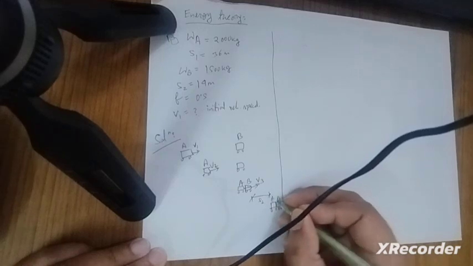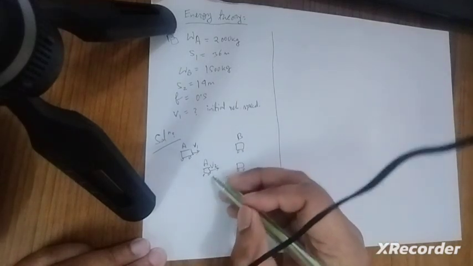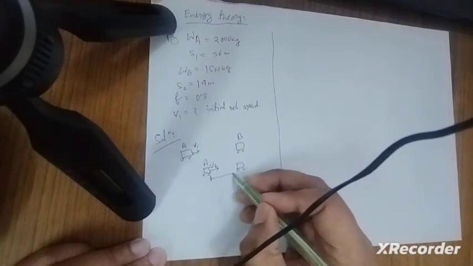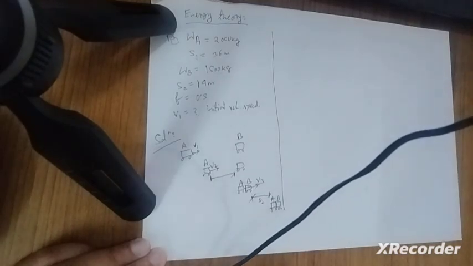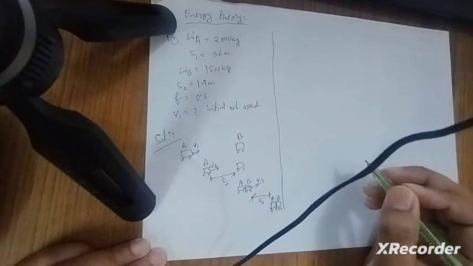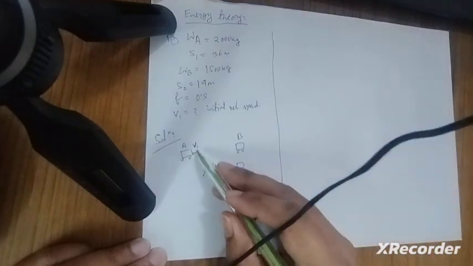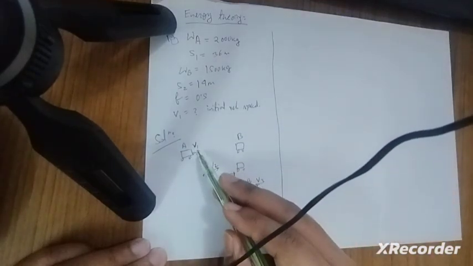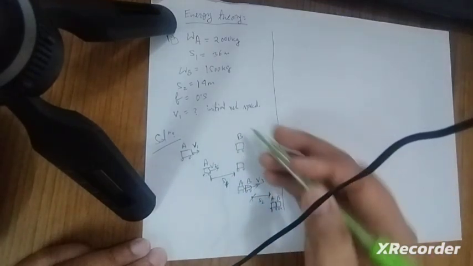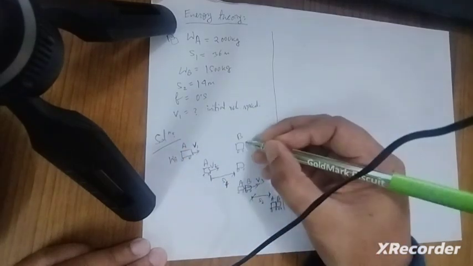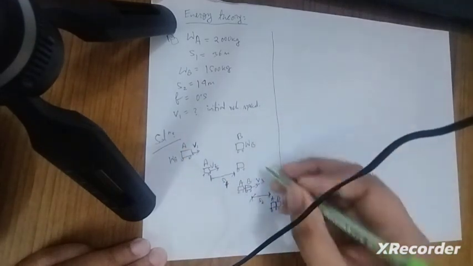After applying the brake, A will travel S1 distance. So vehicle A will travel at V1 speed initially, and its weight is WA, and the weight of B is WB, which is the stationary vehicle.